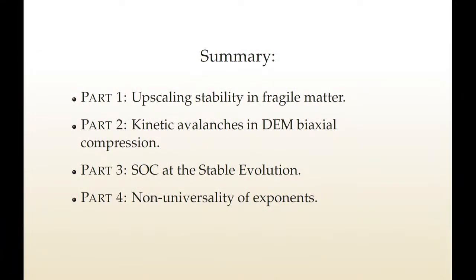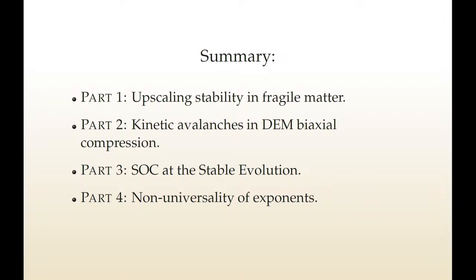Just to begin, I will give a summary. First, I will start talking about these problems of upscaling, this idea of stability when we talk about fragile matter or granular matter. Then I will talk about the simulations that we used, DEM, discrete element models, to define these kinetic avalanches and to identify these avalanche phenomena.